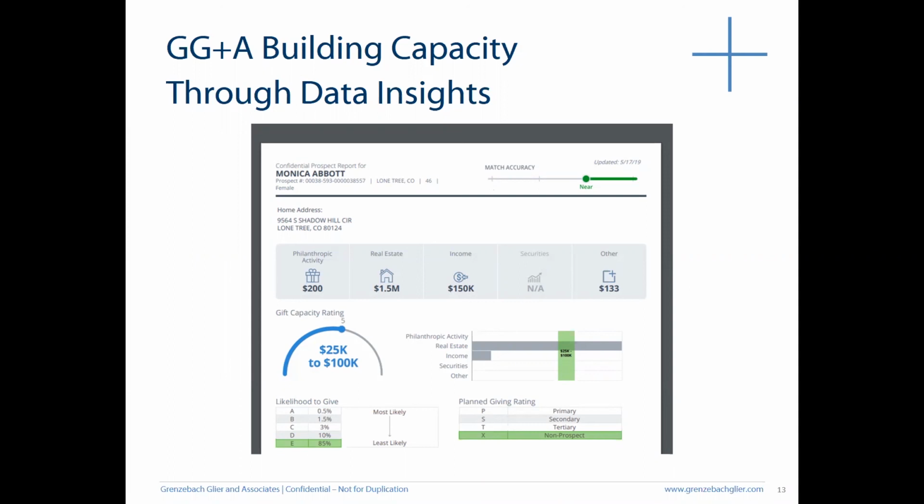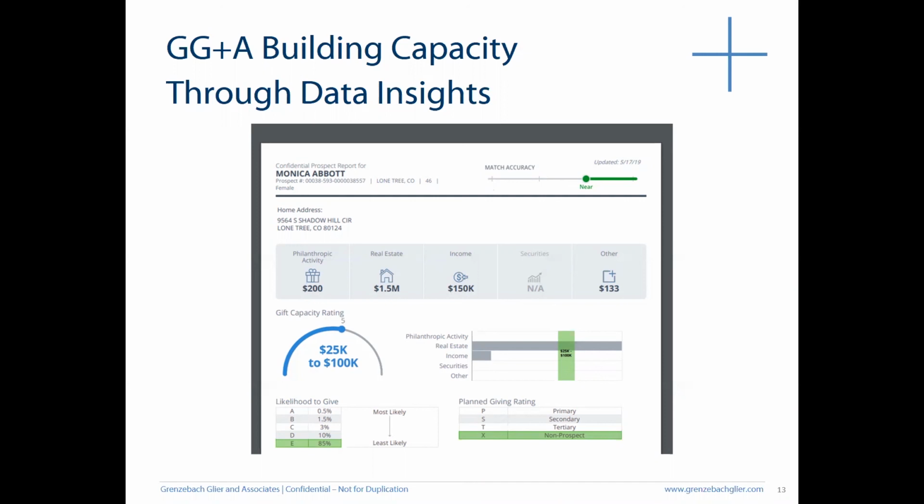It's important for us because we really want to make sure that we have the best identity resolution to match people with the assets and the wealth that they have, so that you have the best ability to understand likelihood and capacity. It does not help to have John Smith and John Smith Jr.'s assets attached to him. So we spend a lot of time and energy on that, and that's a differentiator in our space.